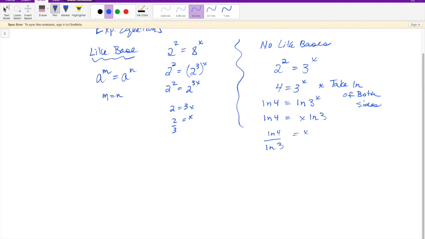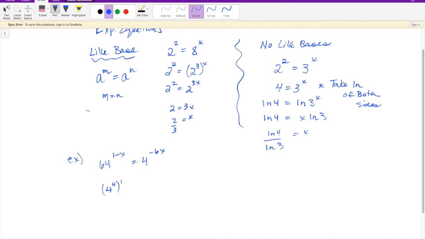So let's look at a couple examples of the things that you'll be asked to do in ALEKS. All right, so let's take 64 to the 1 minus x is equal to 4 to the negative 6x. Okay, so I can manipulate like bases in this case. I can rewrite 64 as 4 to the 4th power.